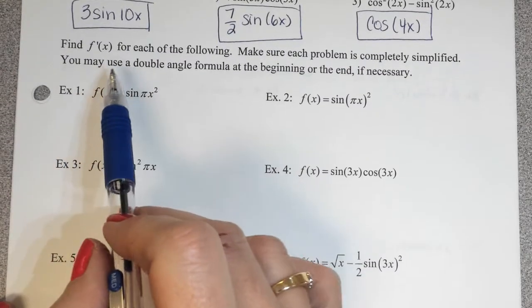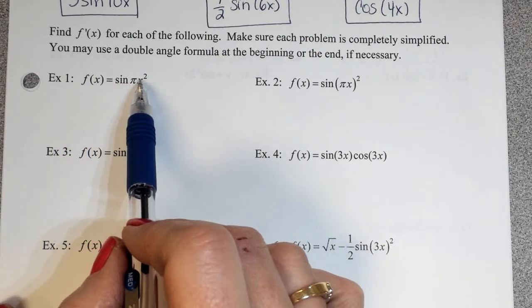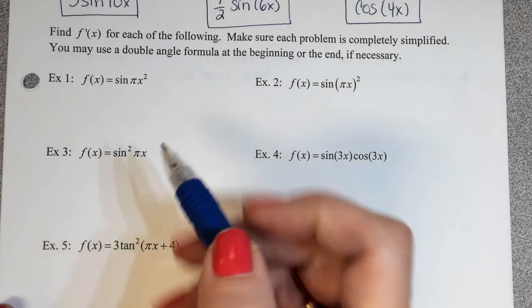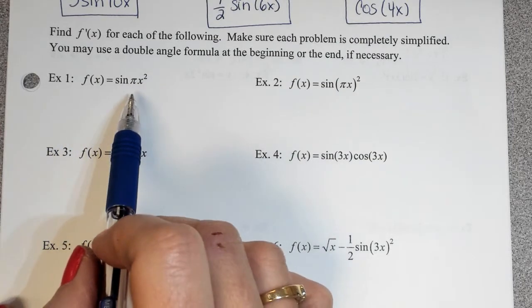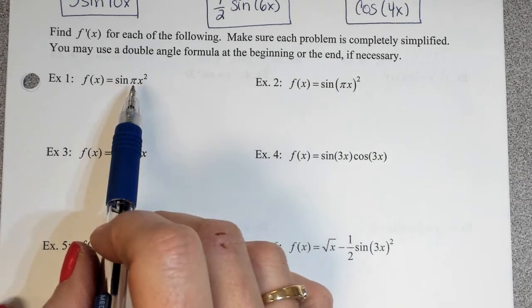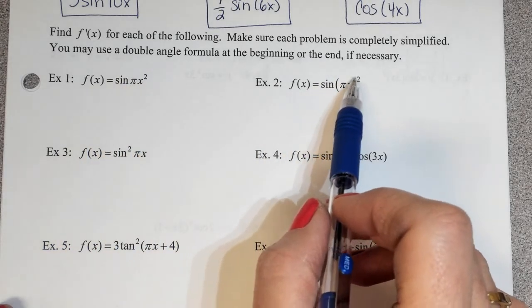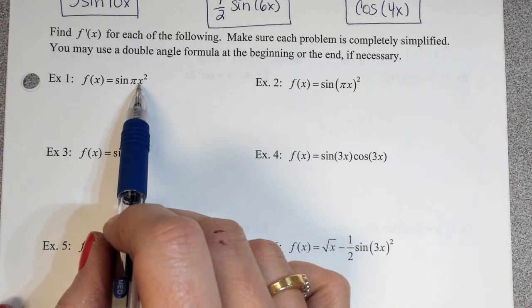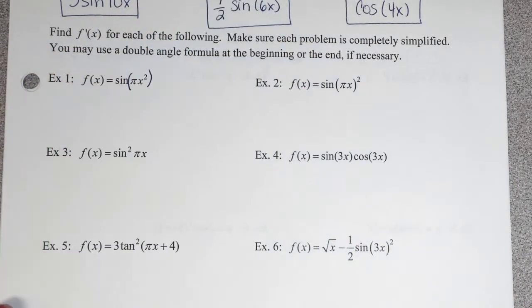Okay, so now we're going to do some derivatives. So we've got f of x equals sine of pi x squared. Now, we have to determine what is our u. U is going to be whatever the angle is. Sometimes they put it in parentheses for us, and sometimes they don't. This is really in parentheses, so go ahead and put it in parentheses.